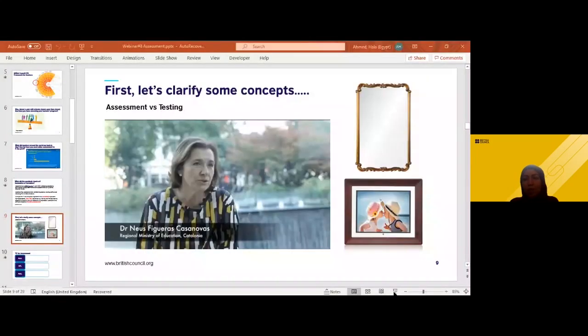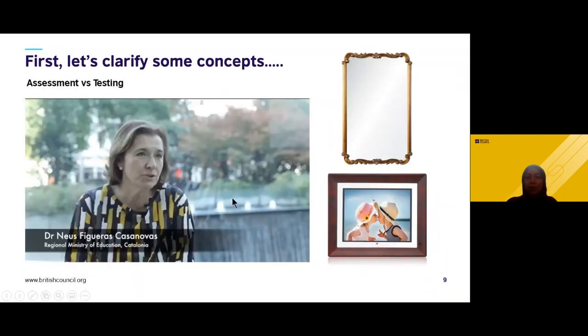So I'm back to my slides now, and in the video, we saw an interesting analogy showing the difference between a test or testing and assessment. In other words, formative versus summative assessment. A test as a part of the summative assessment is like a photograph, like a picture.